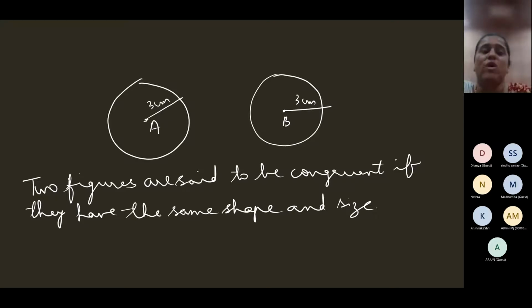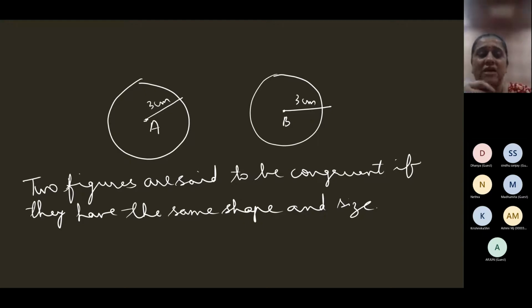Or both of them must be quadrilaterals. Only then they'll have the same shape, right? If you draw one circle and one triangle, they have different shapes. Forget the size, they are different shapes. If you have a pentagon and a triangle, they're two different shapes.